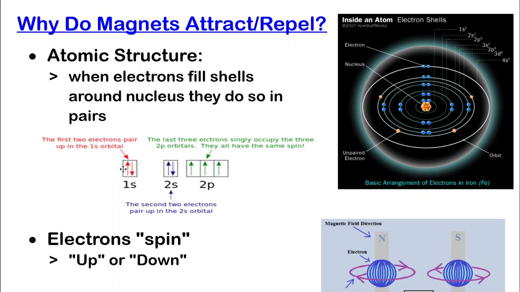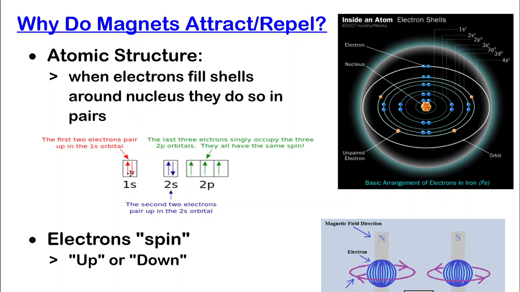And then the way we fill them in is by their spin, right? So we can say electrons spin one direction or the other, clockwise, counterclockwise, and we fill them in by spin. And we have to fill them all in one direction before we can fill them in the other in a given orbital.